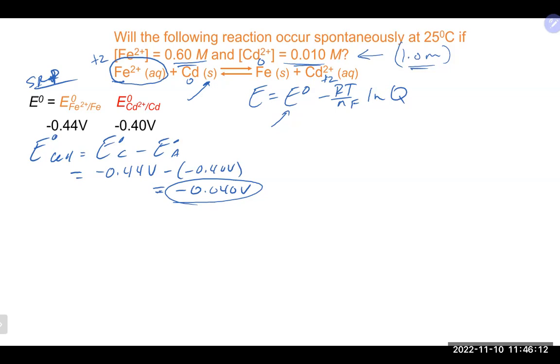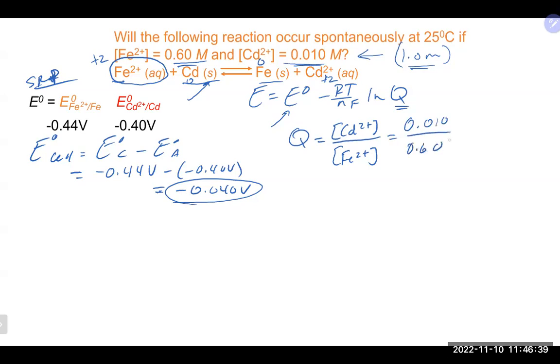That also requires us to calculate Q along the way. Q would be our product, the cadmium, divided by our reactant, the iron. Obviously, the solids, like normal, would not be included.